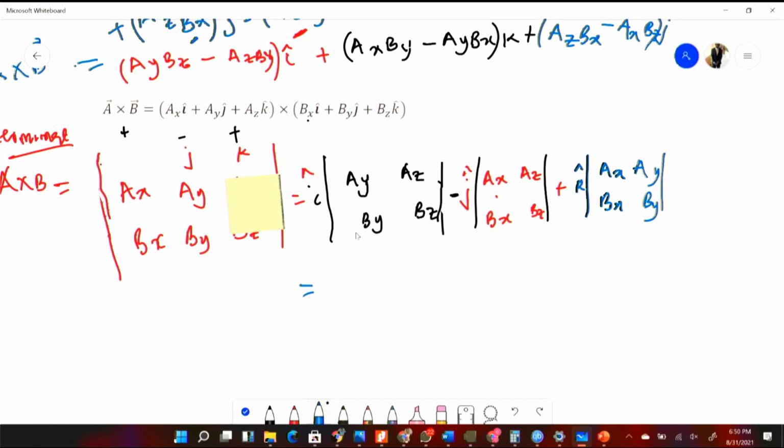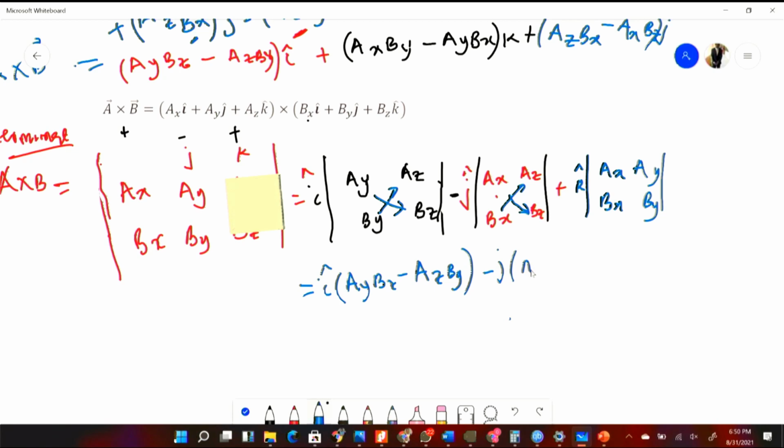So if we resolve, this comes first before this. So we are going to have ay bz minus by, or let's put a first, az by, and this for our i component. And for this, we have our j. So like I said, we have this first before this.